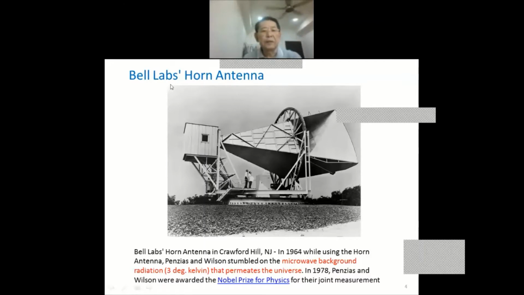This photo is the Bell Labs horn antenna in the United States. In 1964, while using the horn antenna, Penzias and Wilson stumbled on the microwave background radiation of 3 degrees Kelvin that permeated the universe.